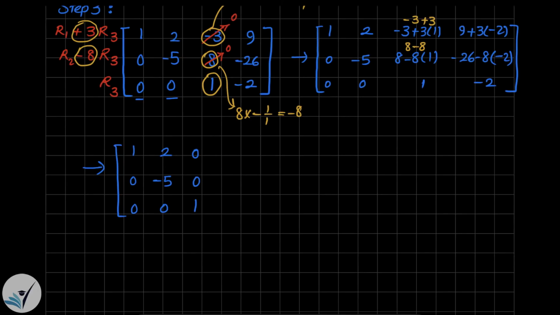On the last column we have 9 minus 3 times negative 2, which is negative 6. So 9 minus 6 is 3. And then we have negative 26. Negative 8 times negative 2 is positive 16. We have negative 10 and negative 2. Moving on to step 4.